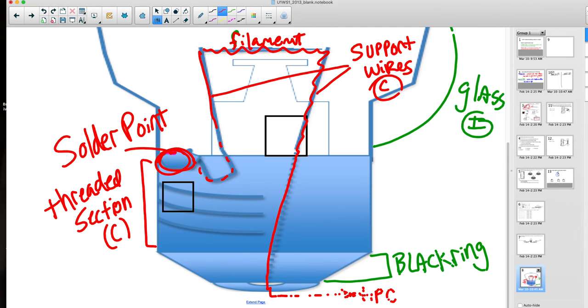The solder point is a conductor. The filament is a conductor.